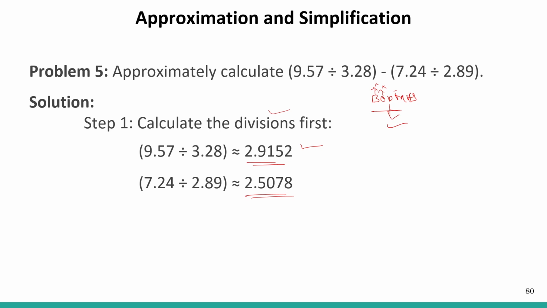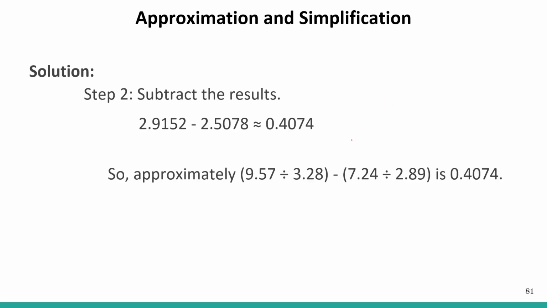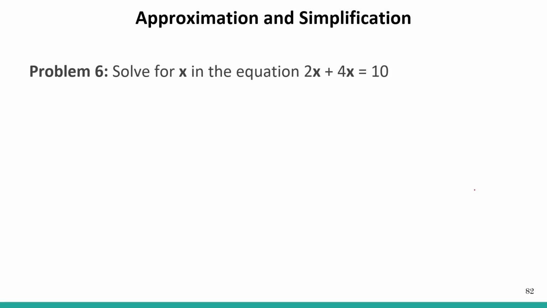No. Any addition? No, only subtraction, right? So we go for that subtraction. 2.9152 minus 2.5078 is approximately equal to 0.4074. So this should be the correct answer.